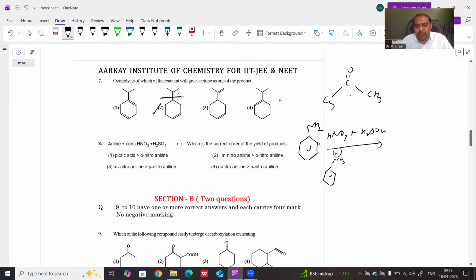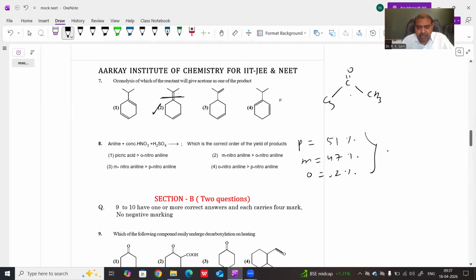Therefore, ortho, meta and para all products are formed, and meta yield is also obtained in high amount. Product para is highest 51%, meta is 47%, and ortho only 2% in this reaction.